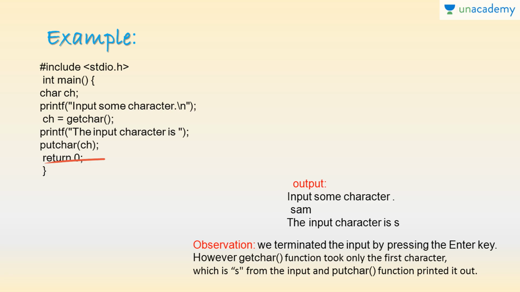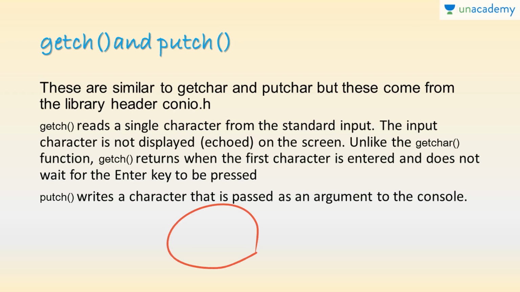We can take down an observation that we terminated the input by pressing the enter key. However, the getchar function took only the first character, S, from the input, and the putchar function also printed it out.